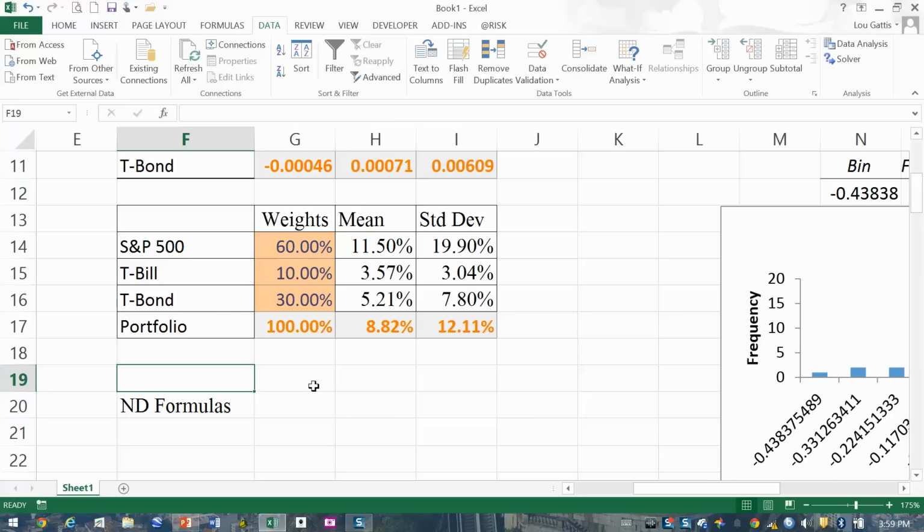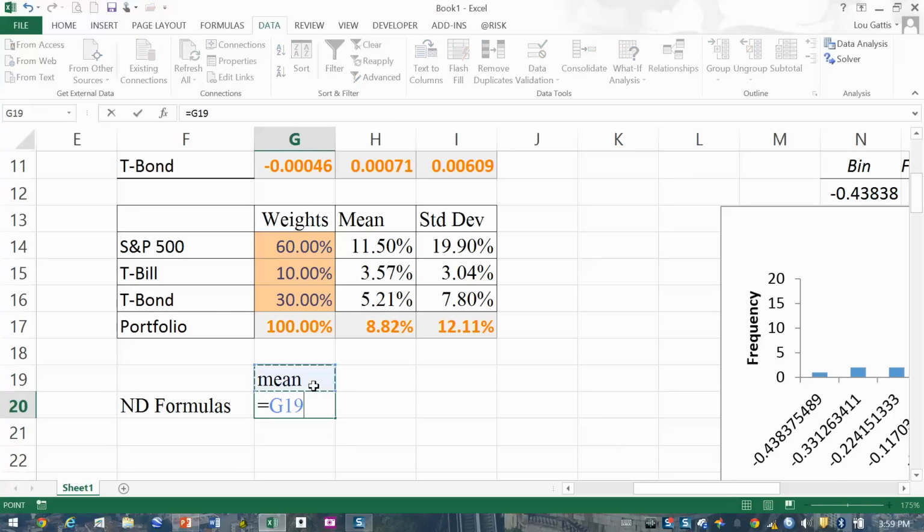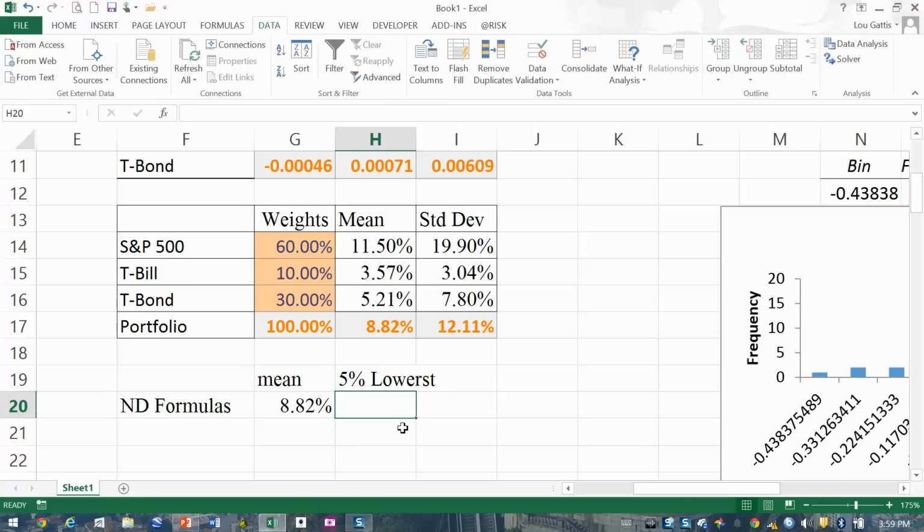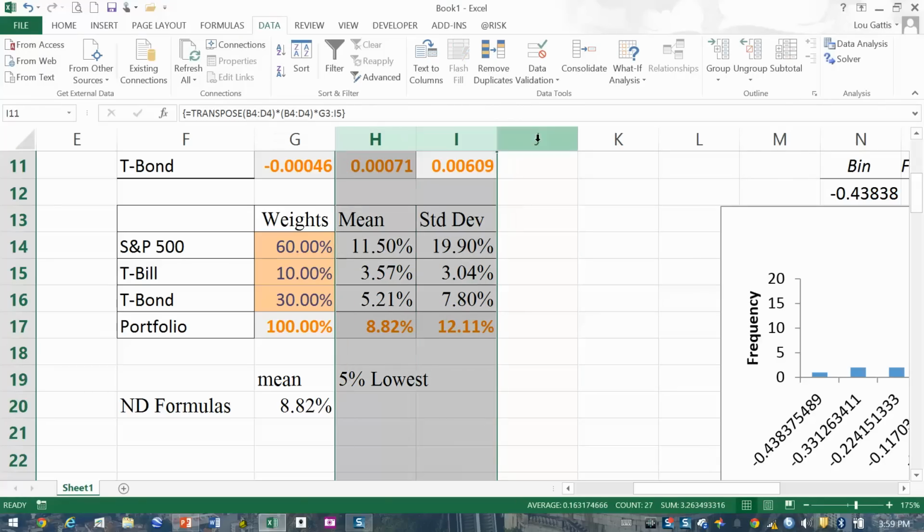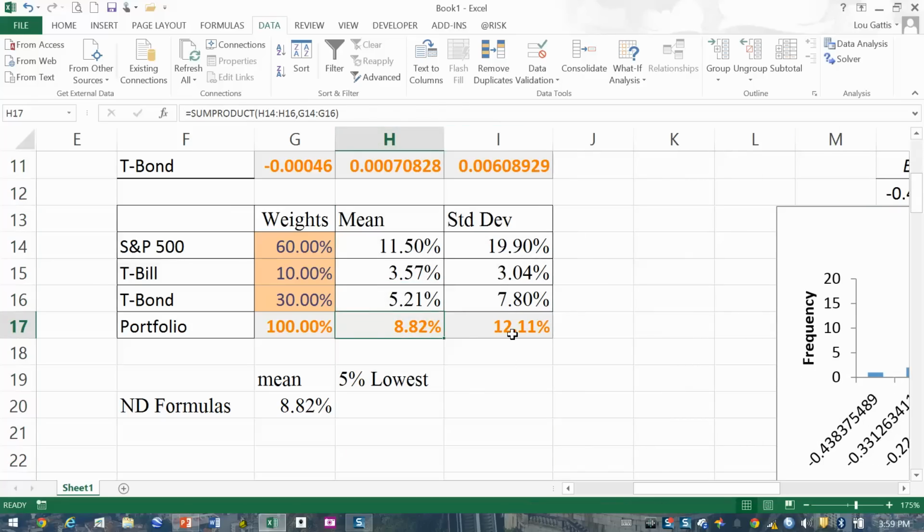So let me go ahead and put in my mean. I'll just have a link to this mean right here. And I want to make a couple statements. For example, what is the 5% lowest return if I assume that this portfolio is normally distributed with the mean of 8.82 and 12.11?